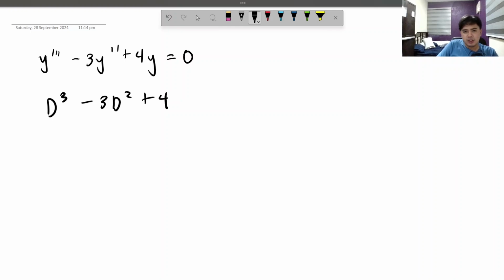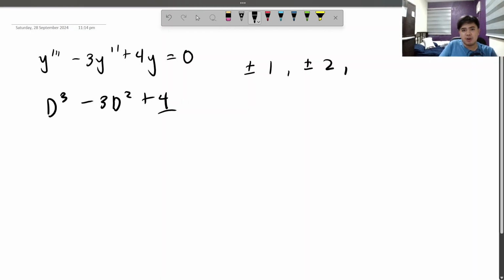Well, usually, if your teacher isn't cruel, he will give you a rational polynomial. Usually, the factors would be plus or minus the factors of the constant, which is 4. This isn't reliable, like if a random stranger asked you for a cubic, but this is a way of finding out if something is true.